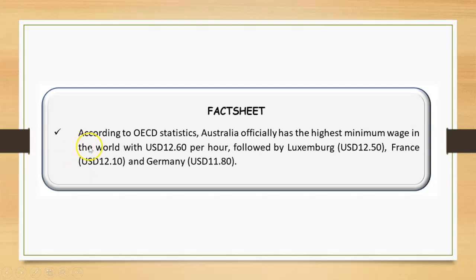Okay, now one example that I can show you here is based on OECD data. If you don't know what OECD is, it's okay. We will cover it in topic 2. All right, so based on OECD data, Australia has the highest minimum wage in the world with 12.6 USD per hour.